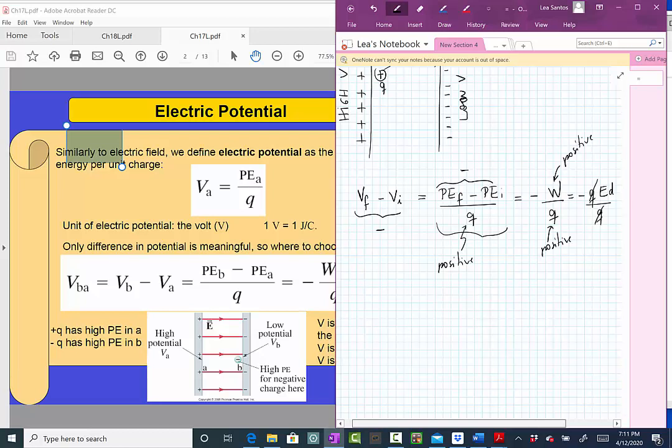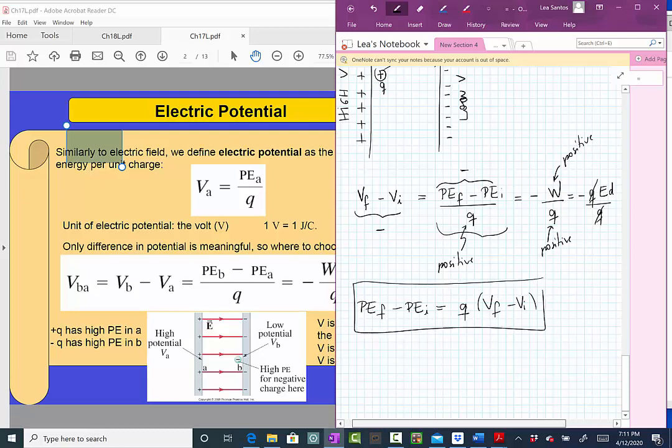Let me try to extract some of them. One of the things that we got: the final potential energy minus the initial potential energy is equal to Q times the final potential minus the initial potential. This is one of the equations that we got from all this analysis.